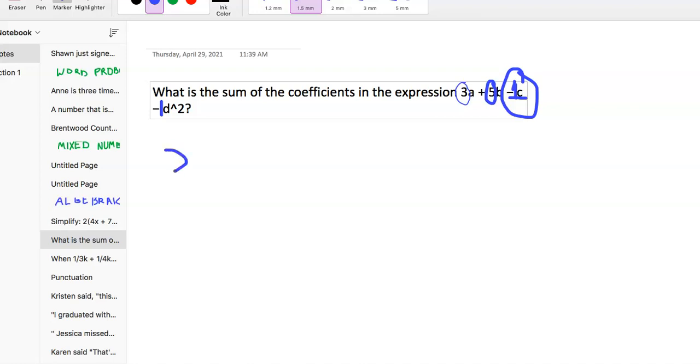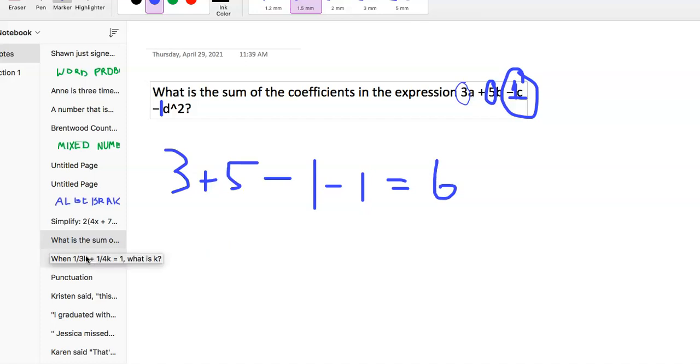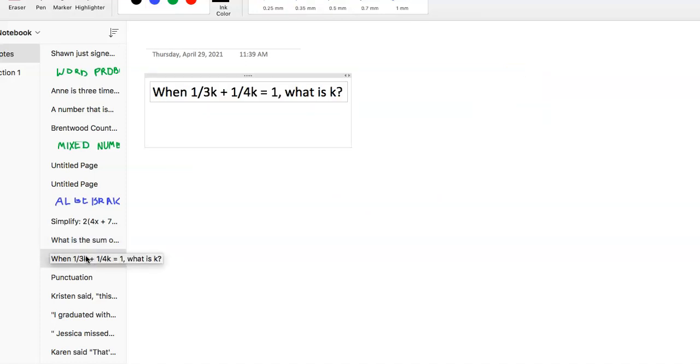So we have 3, 5, negative 1 for our c, and again negative 1 for our d squared. We combine all those up, and we get 6. 3 plus 5 is 8, minus 1, minus 1, 6. Sum of coefficients, pretty common that shows up. That's all you're doing, just adding the number in front of the variable.